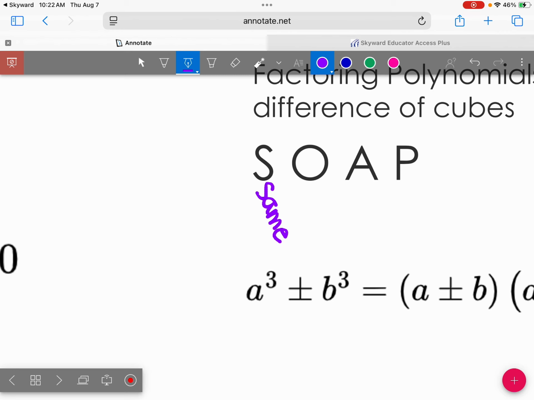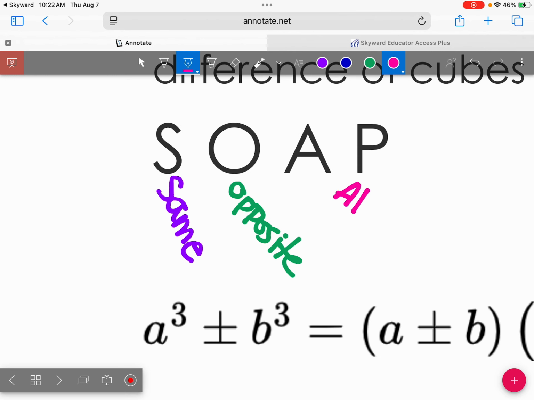Then the next sign in our formula is the O, which stands for opposite. And then the A and P go together, because that means always positive.